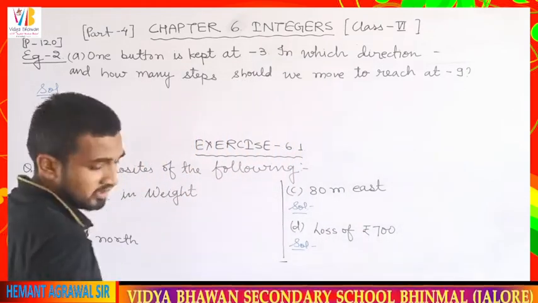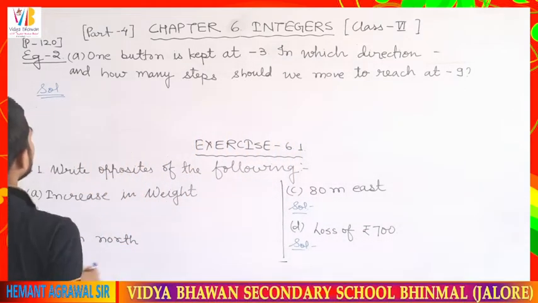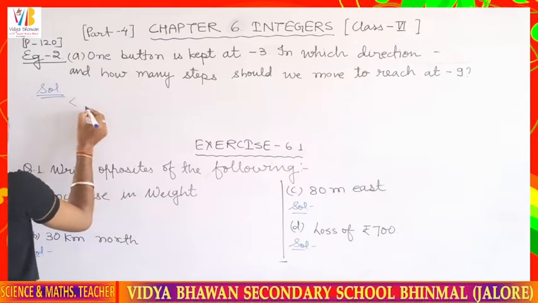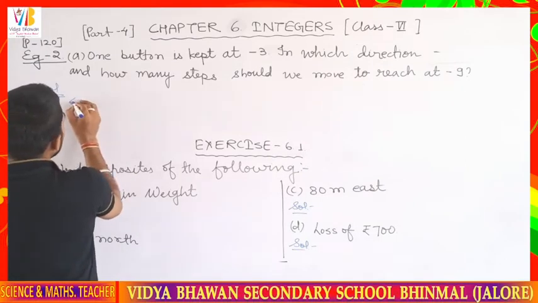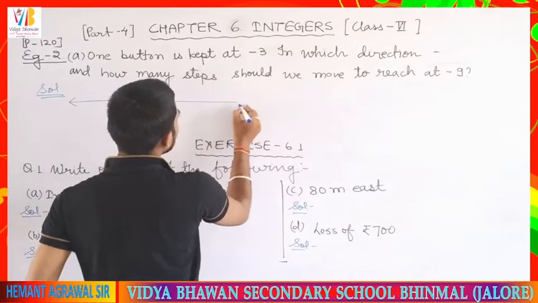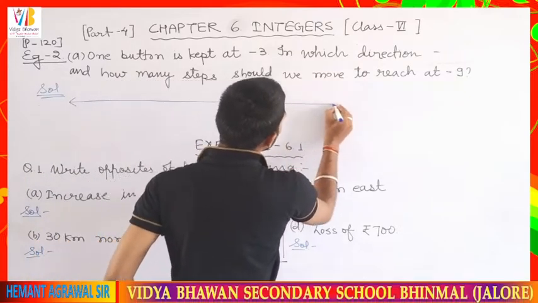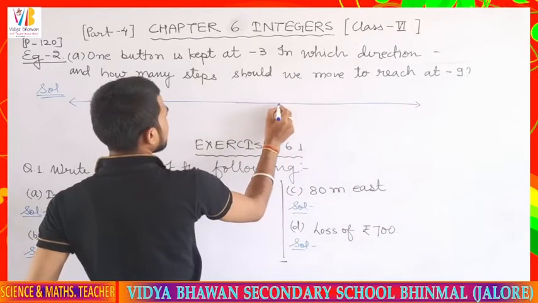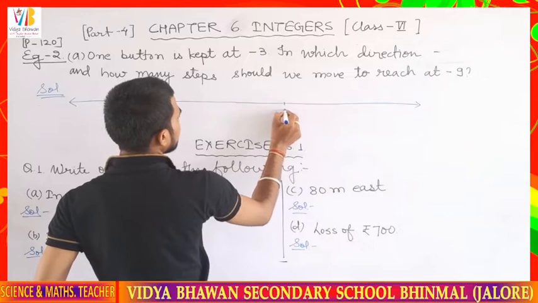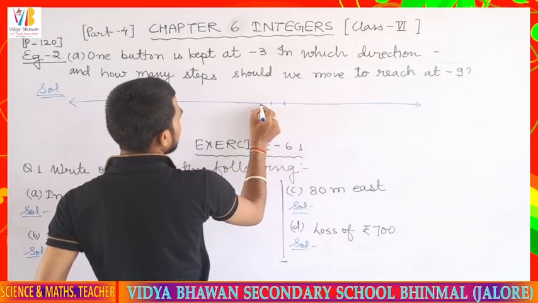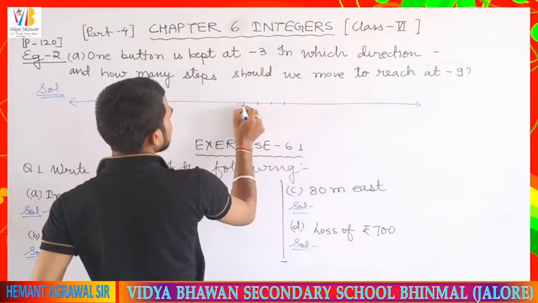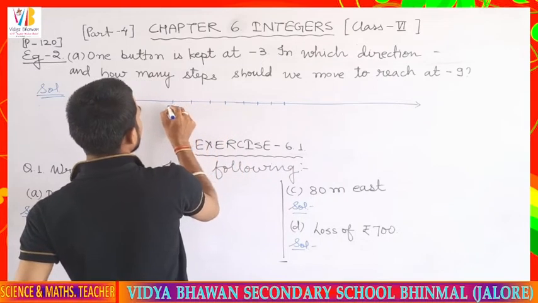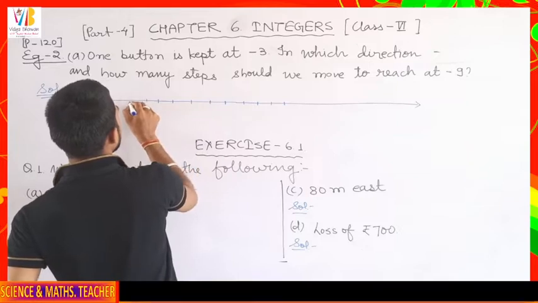I am drawing a number line for you. See here. Suppose it is 0, -1, -2, -3, -4, -6, -7, -8, -9, -10.